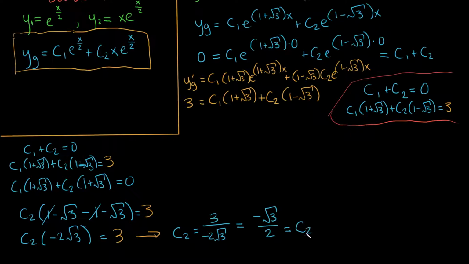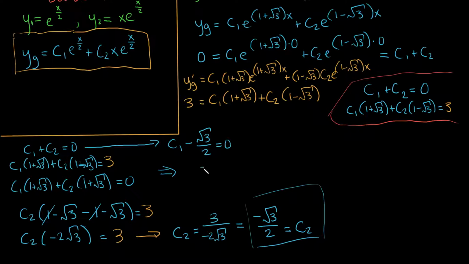This is what c2 equals. So we got one variable. Now, if we plug this into this equation, c1 minus root 3 over 2 equals 0, which tells us that c1 must equal positive root 3 divided by 2.